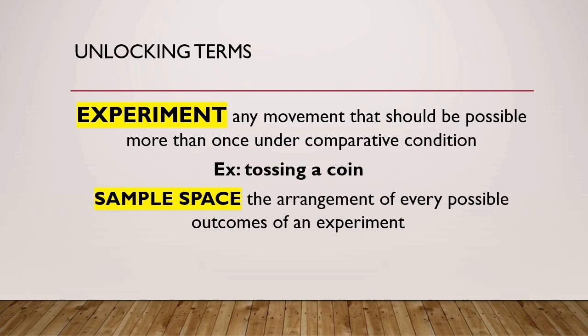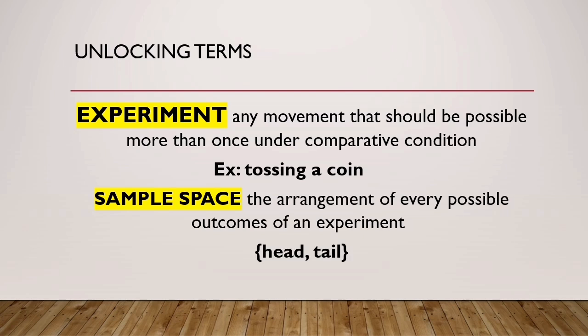Another one is sample space. Sample space is the arrangement of every possible outcome of an experiment. So when you do an experiment, what are the possible outcomes? Example, when you toss a coin, what are the possible outcomes that you will get? So we have, it's either head or tail.